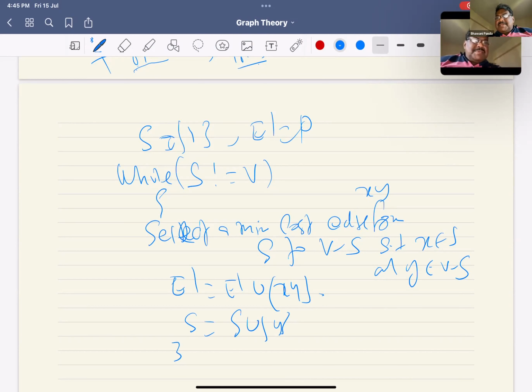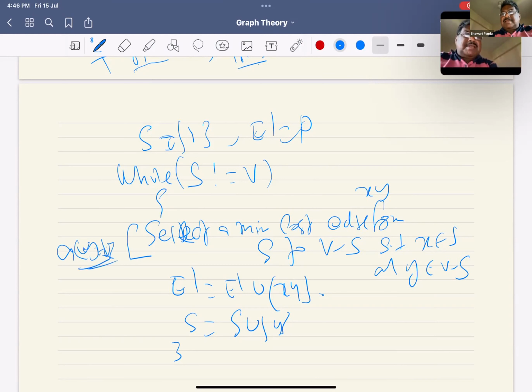Each time in the while loop, I'm adding an edge going from S to V minus S. So V minus S is an independent set so far, meaning no edge is incident on V minus S. All the edges whose endpoints are there, I have collected and put in set S. So always it is going from S to V minus S, and this step maintains the acyclicity.